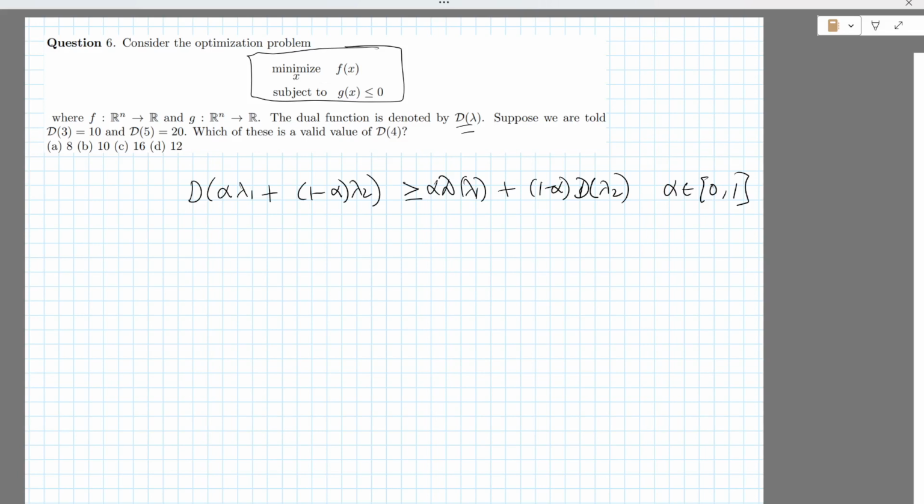So I can consider lambda 1 equal to 3, lambda 2 equal to 5, and alpha equal to 1 by 2.